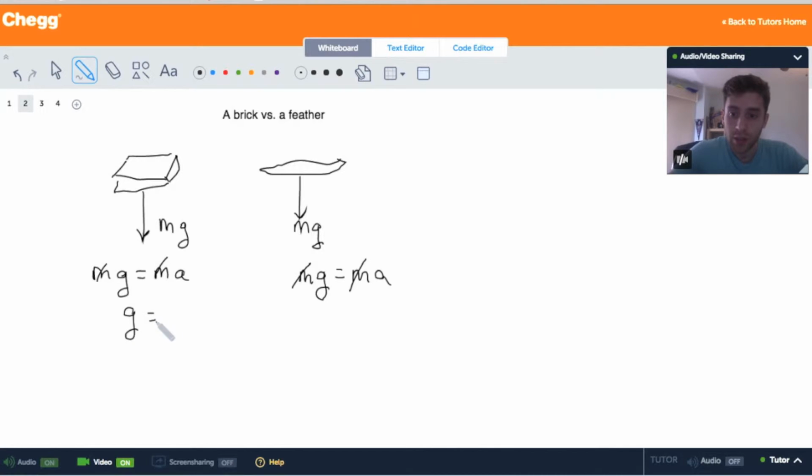So we get the acceleration is equal to g. This means the increase of the speed of each of these objects is independent of mass. So in a vacuum, a brick and a feather will fall at the same rate.